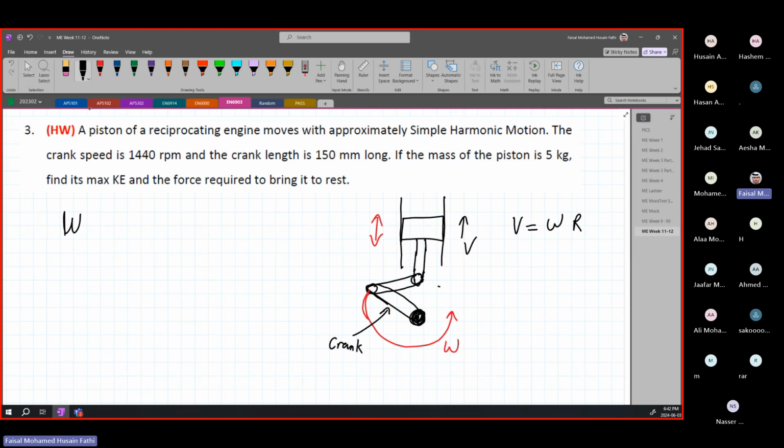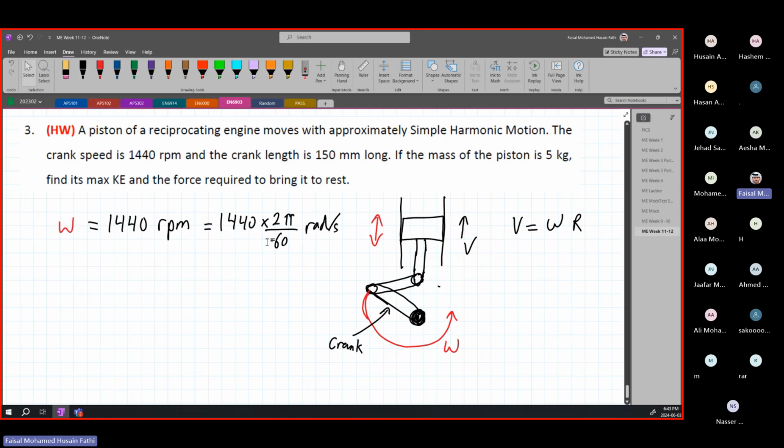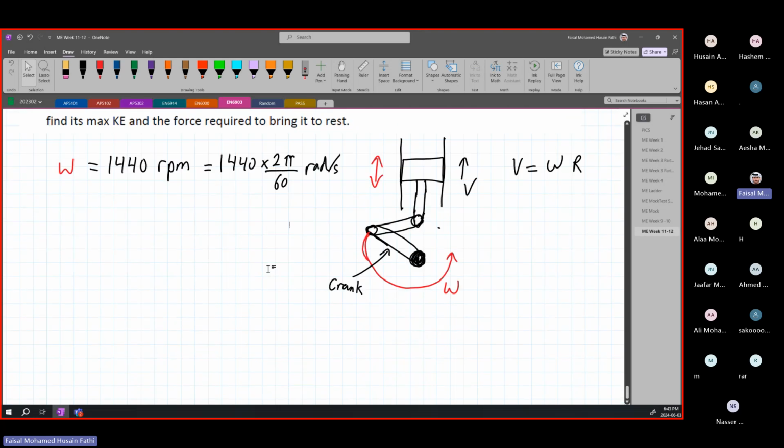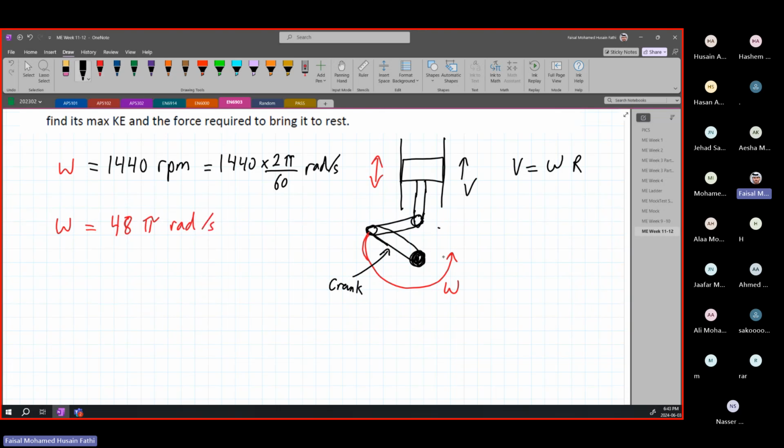So our omega is 1440 RPM, or in other words, 1440 times 2 pi over 60 radians per second. Remember from yesterday's session, we need to convert this into radians per second when we want to use it in calculations. So our omega is equal to 48 pi radians per second. I like to keep the pi to be a bit more accurate.